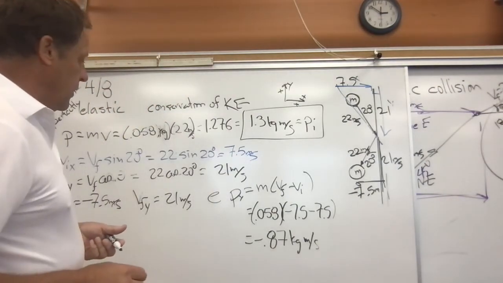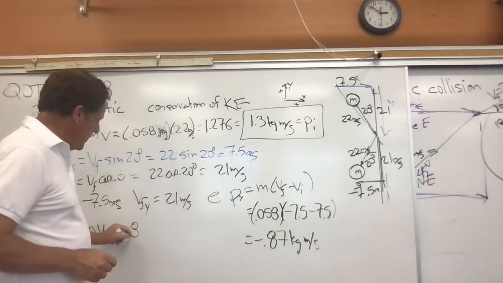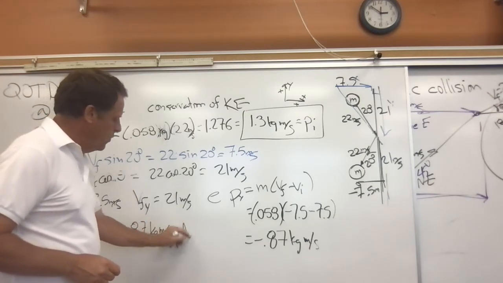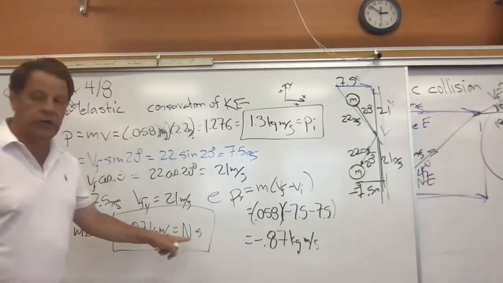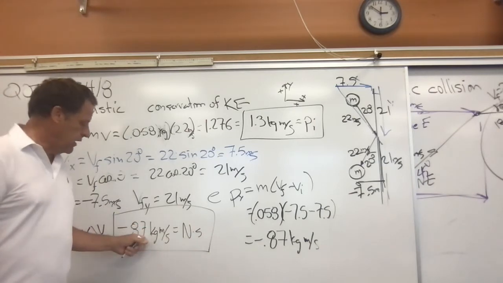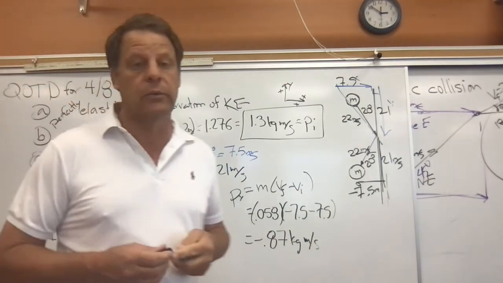And therefore, we are going to have negative 0.87 kilogram meters per second. Now, we could change that and just call it Newton seconds. So typically, when we talk about impulse, we're talking about Newton seconds. And when we talk about change in momentum, it's kilogram meters per second, but they're really just the same thing.